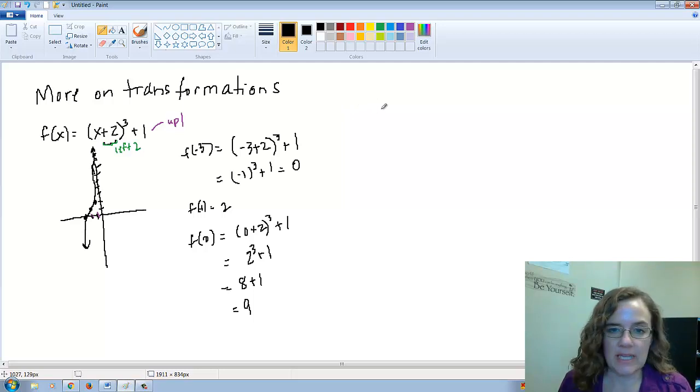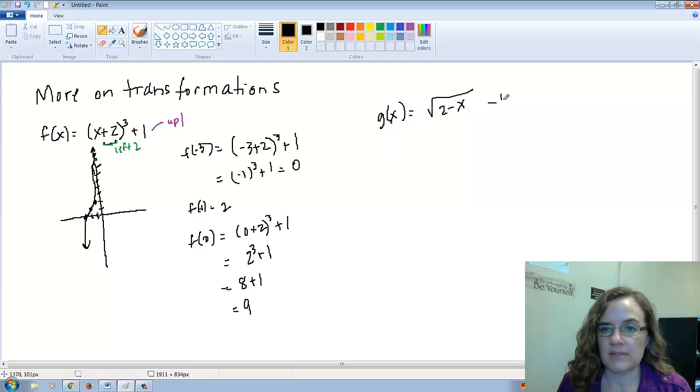Another graph I was thinking about was this one. g of x is the square root of 2 minus x, minus 5. So we start off with the parent function square root of x.